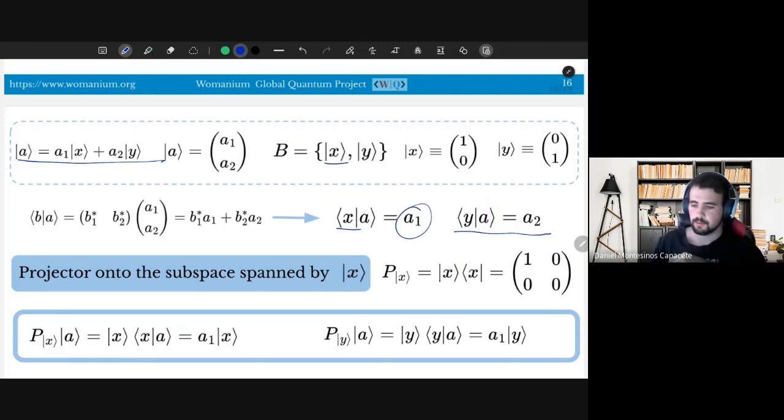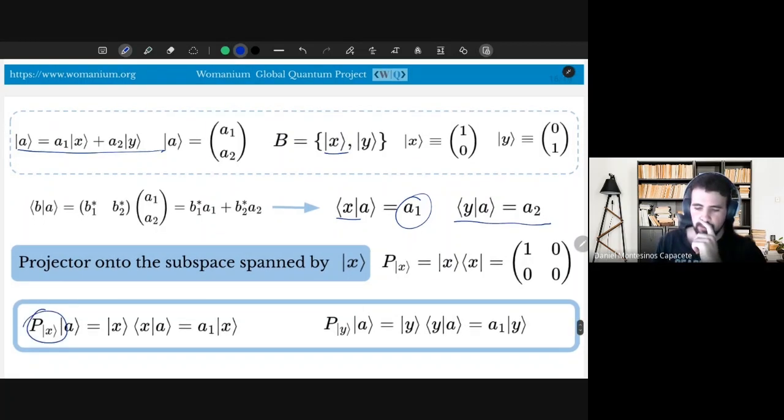So if you apply this projector to the vector A, you are going to get this. This is the scalar product, right? That's why the Dirac notation is usually useful: you write the operator in this way, and when you apply the operator to another ket, or another vector of your Hilbert space, you can write this directly as the scalar product.